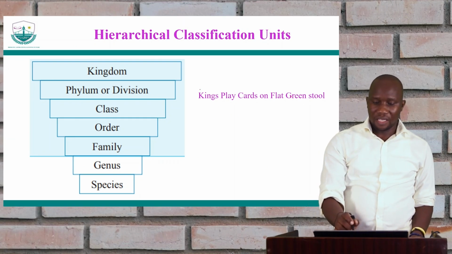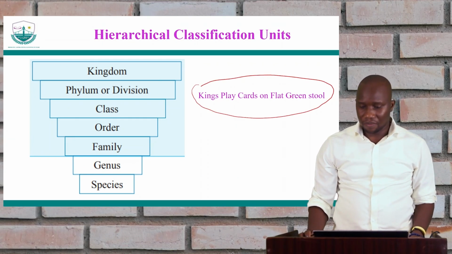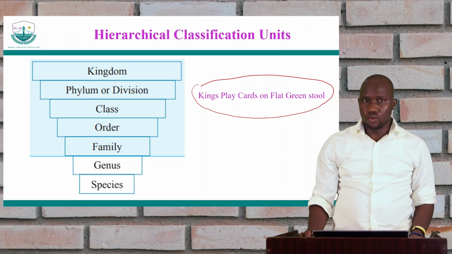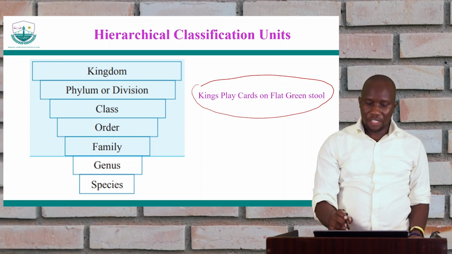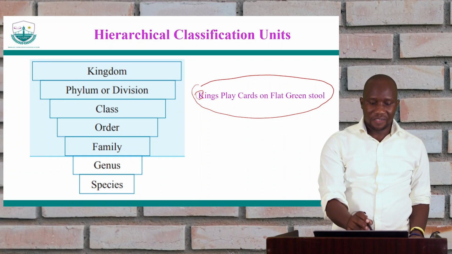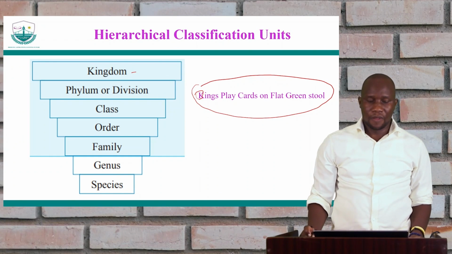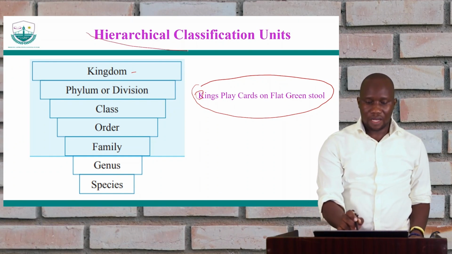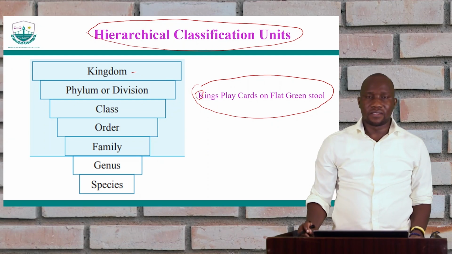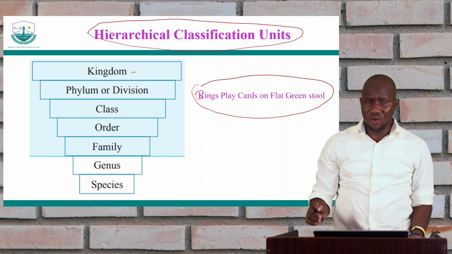And we use the mnemonic: kings play cards on flat green stool. The first letter of each word represents a particular level of classification. So hierarchical classification units means levels of classification, or biological classification levels, whatever you can call it.